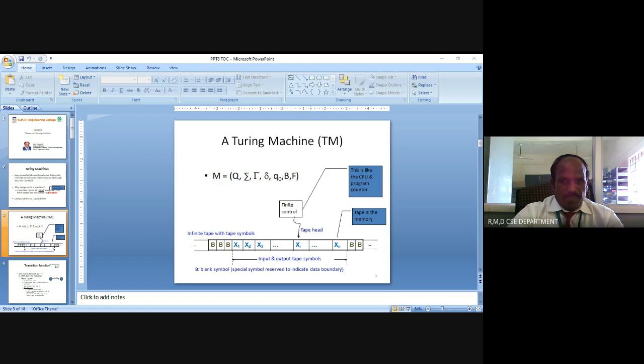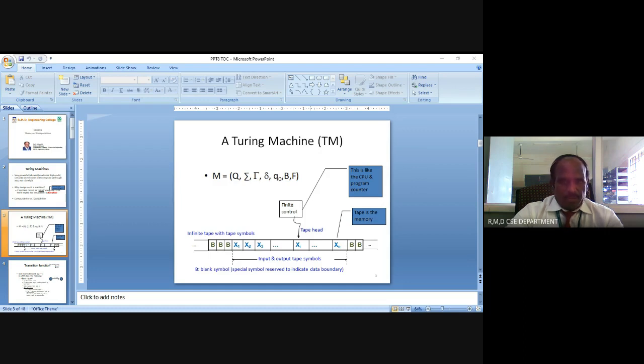Delta of Q, X equals P, Y, D: Q is the present state, X is the input, P is the next state, X is replaced by Y as the output symbol, and D is the direction which it moves. Q is the current state, X is the current input symbol of the tape, the state changes from Q to P after the move, X is replaced by Y, and D is the direction, either left-hand side or right-hand side.